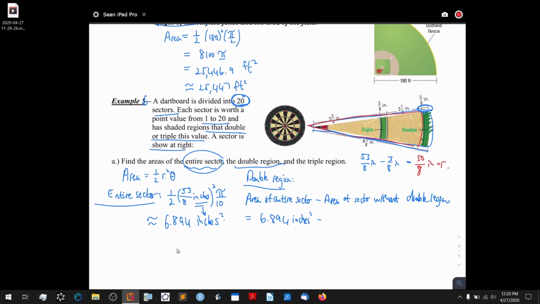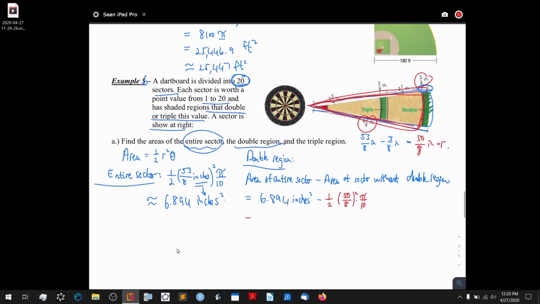It's the 53 over 8 minus the 3 over 8. To find that area, it's 1/2 times 50 over 8 squared, times the central angle, which is the same, pi over 10. And so if you do that calculation, you should get your answer.